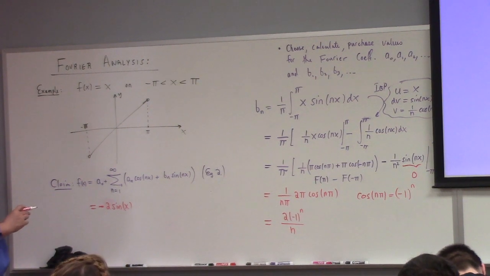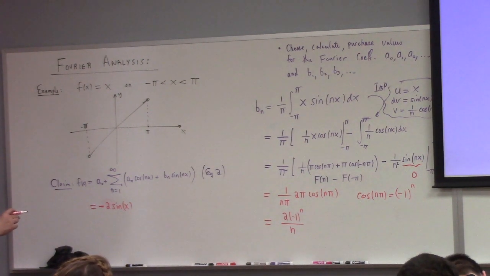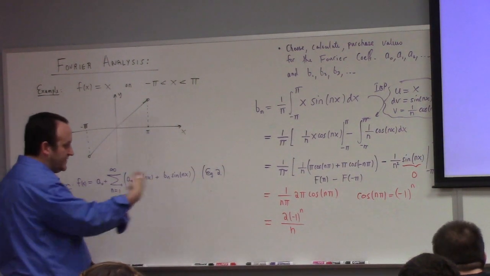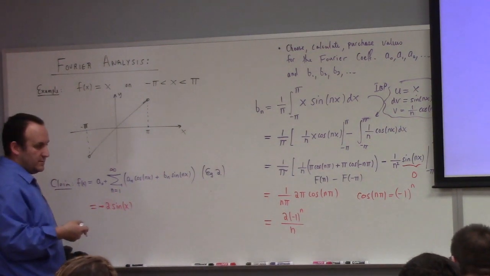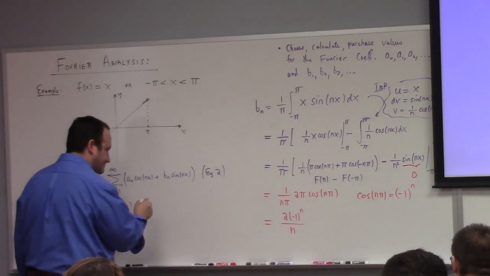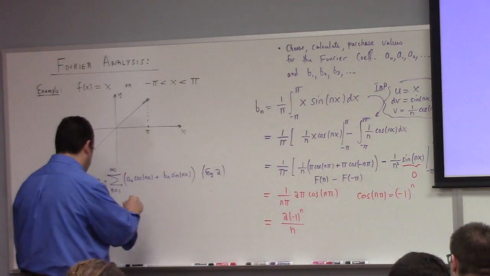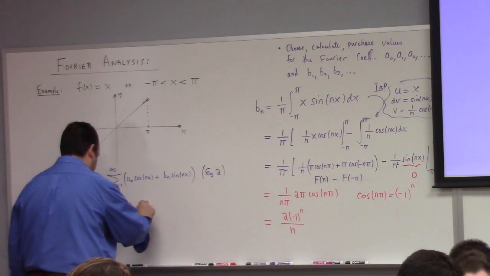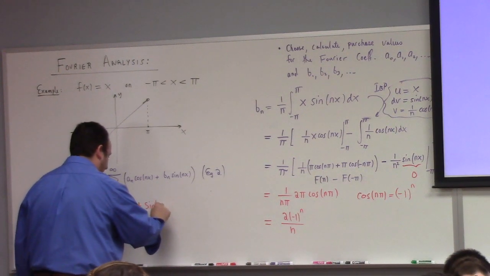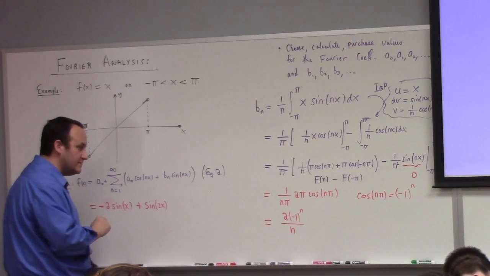Why are you putting sine of x in front of the 2? Is that just because b of n is the coefficient? Yes, b of n is the coefficient. How about b2? What's b2? It's 1. So plus sine of 2x. What's next? n equals 3.